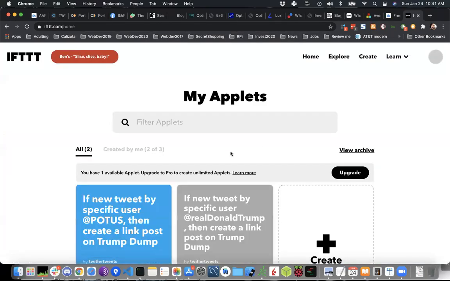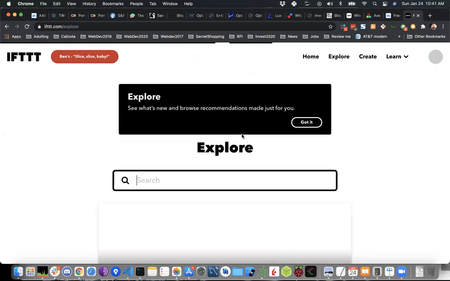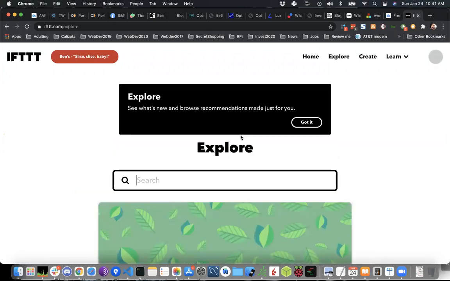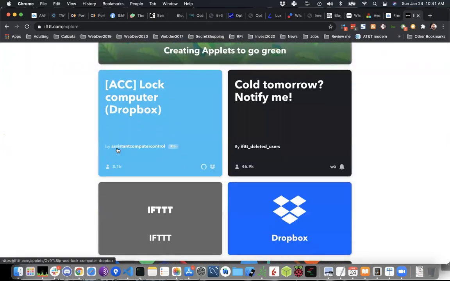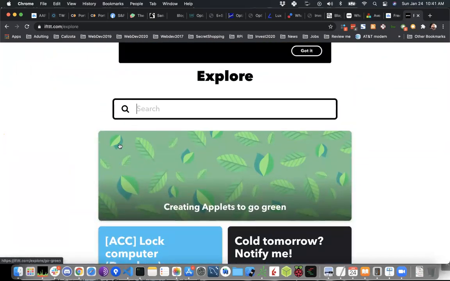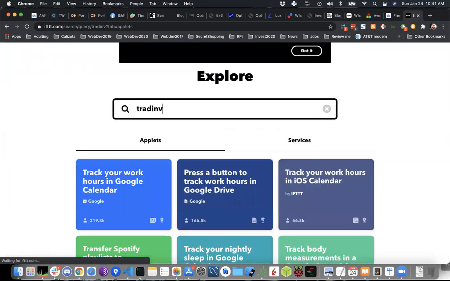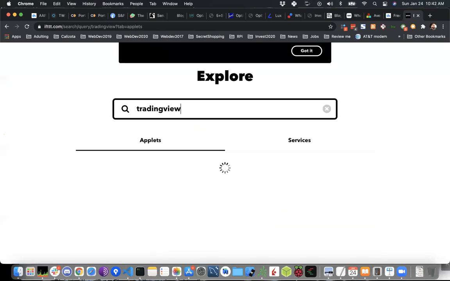If This Then That, for all of you developer folks out there, is a great site. What it allows you to do is connect your accounts that you have in different things like Twitter or Dropbox or TradingView or Gmail.